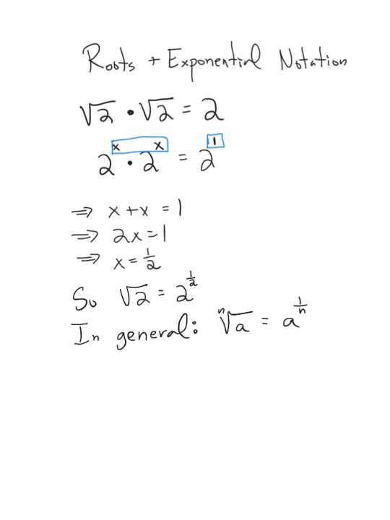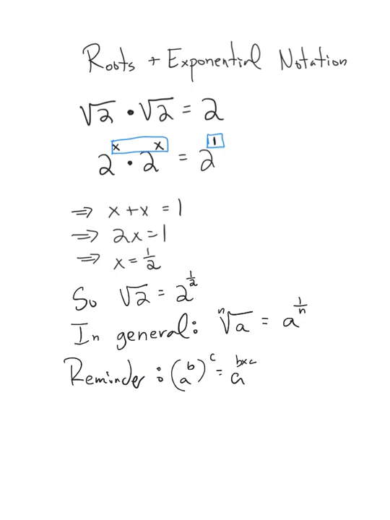All right, and remember, we have this other rule that says if we have a to the b all to the c, that's the same as a to the b times c. Well, we can do that with fractions as well.